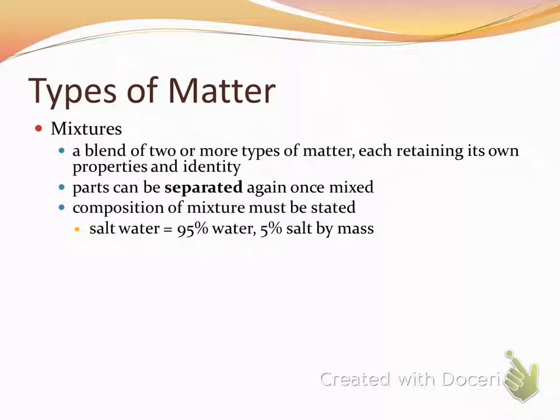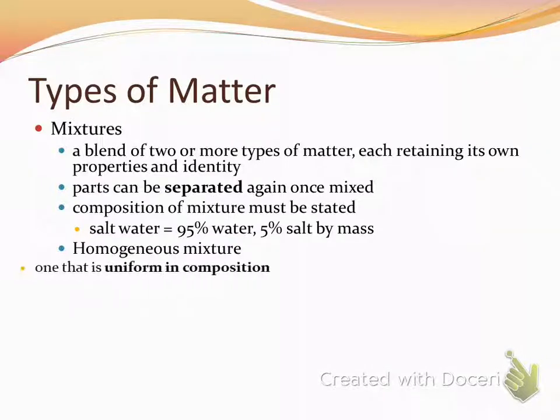Okay, so the first type of mixture that we're going to talk about is something called a homogeneous mixture. What a homogeneous mixture means is that it is the same throughout. It's uniform in its composition.